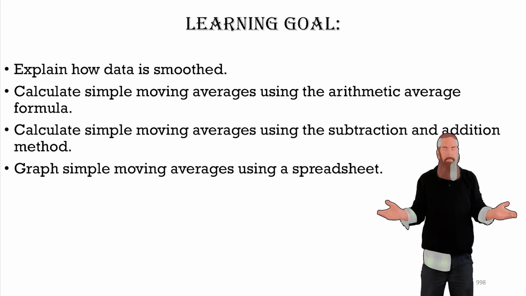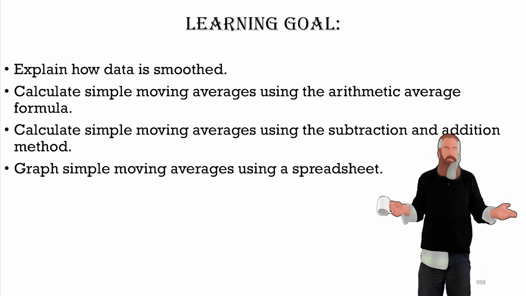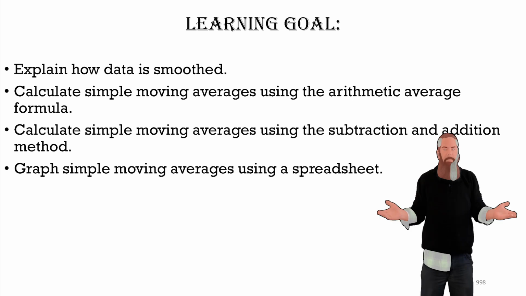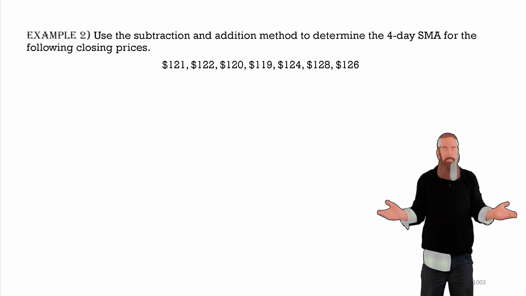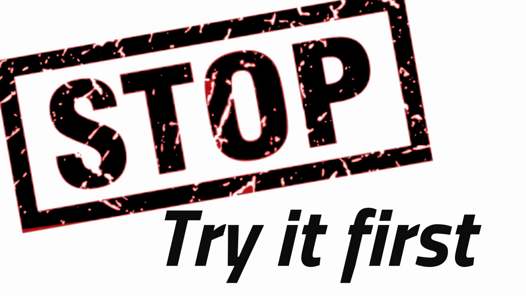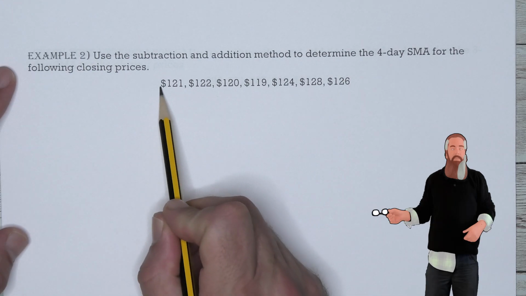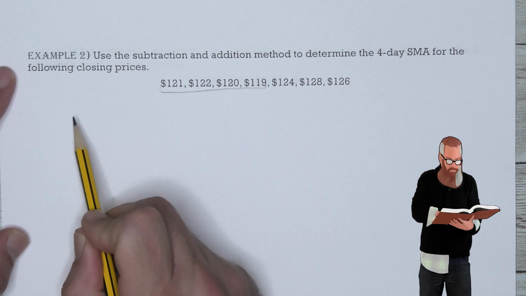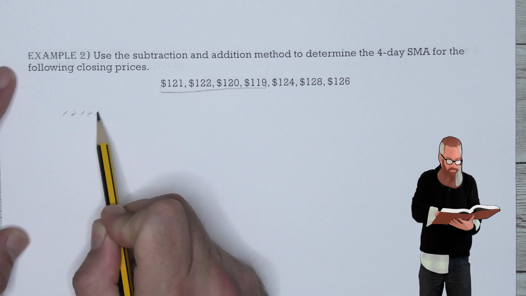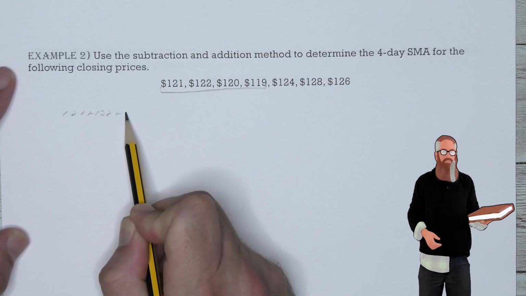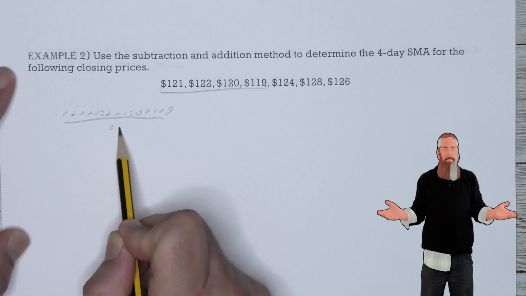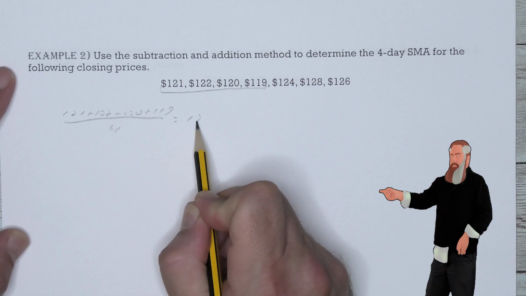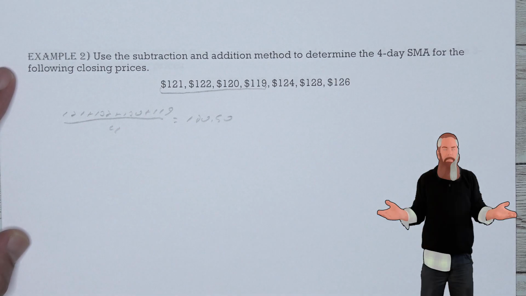Now let's calculate the simple moving average using the addition and subtraction method. Use the subtraction and addition method to determine the 4-day SMA for the following closing prices. This would mean, to begin with, we would use the first 4. So 121 plus 122 plus 120 plus 119 divided by 4, and this will give us 120.50.